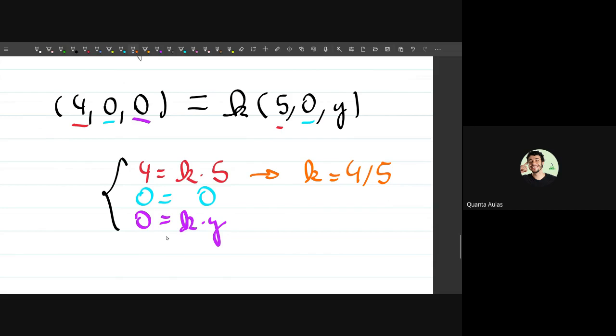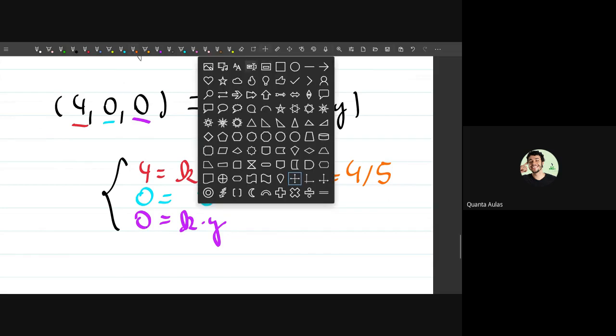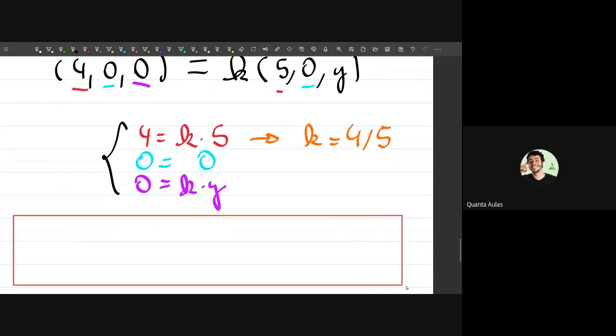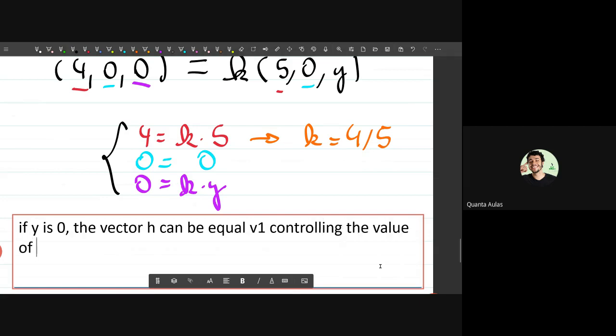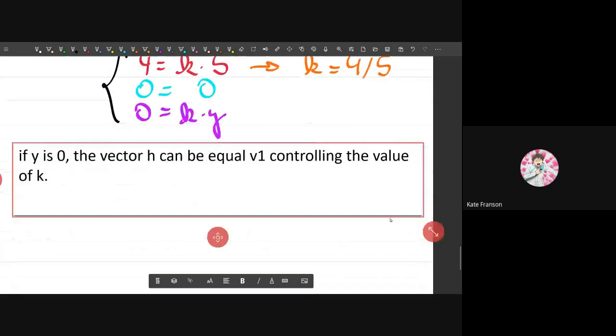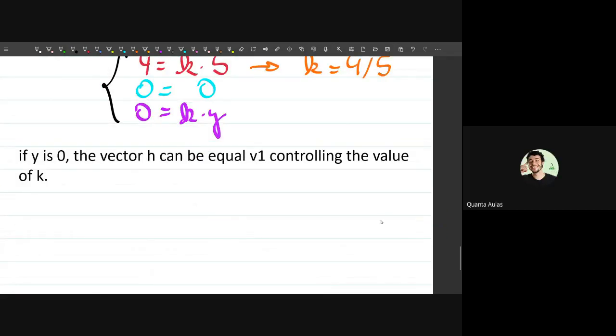So we need to explain this in words. Remember, if y is 0, the vector h can be equal to v1 by controlling the value of k. Any doubt? No. Very amazing.